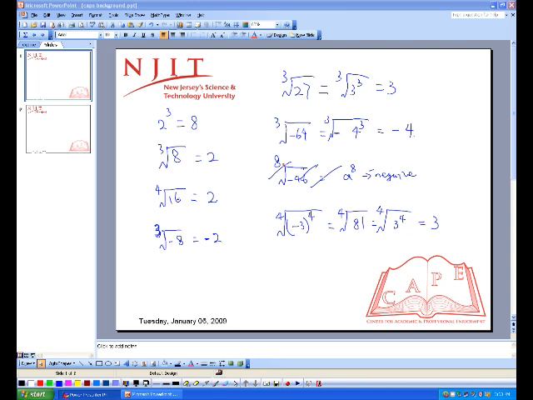But if the root is even, then you cannot have a negative number as the root or the solution. If you have an even root, you always want to deal with a positive number. This is a special case here because the number inside is really not a negative number. It's a positive number. Okay?